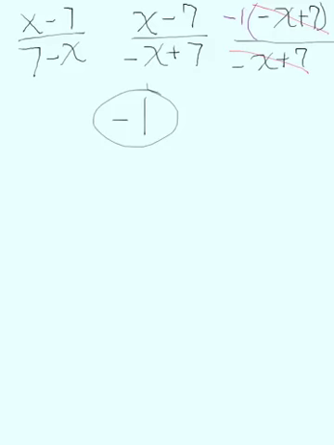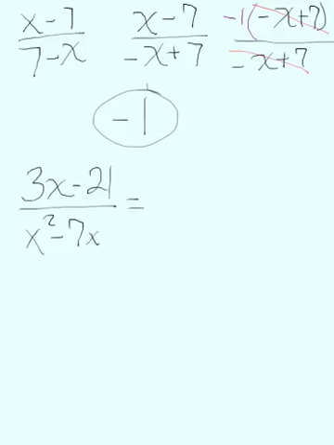If we had (3x minus 21) over (x squared minus 7x). Well, on the top, we can factor out a 3. They have a 3 in common. We'd be left with 3 times the quantity x minus 7.